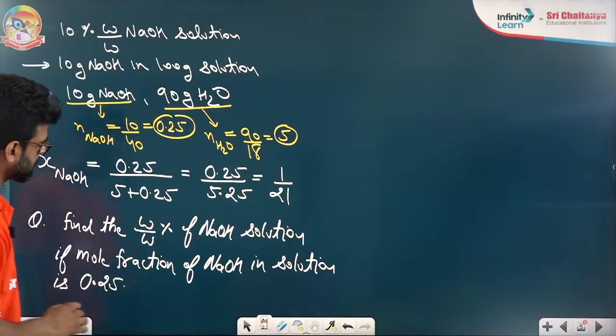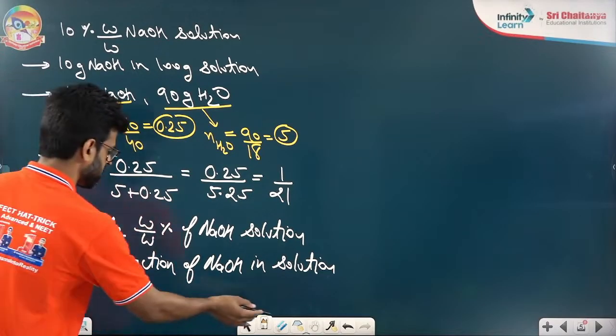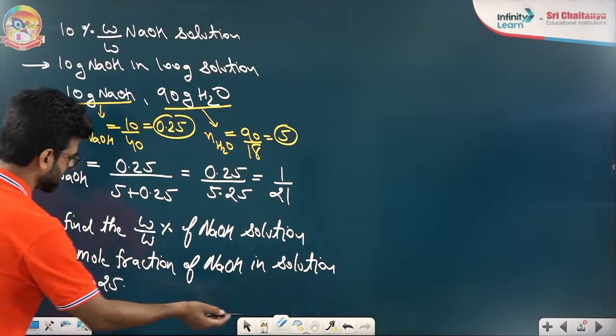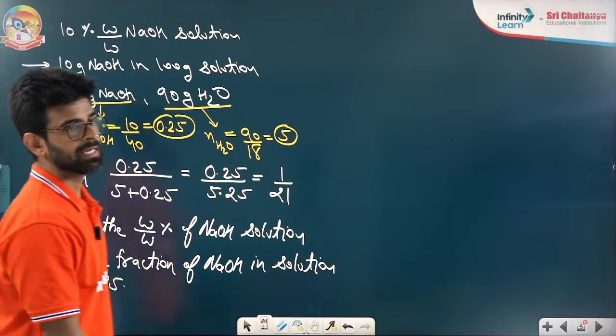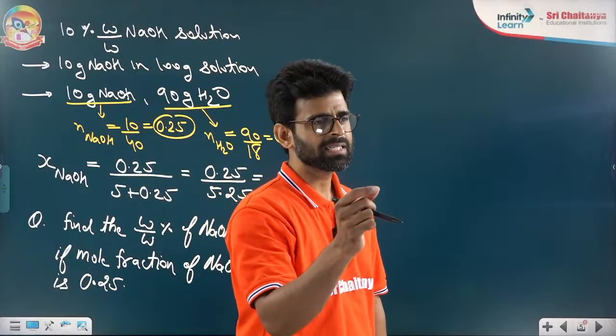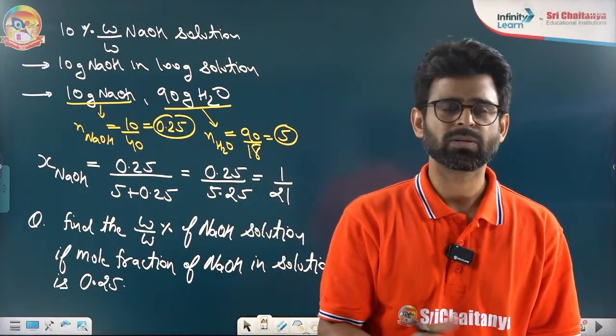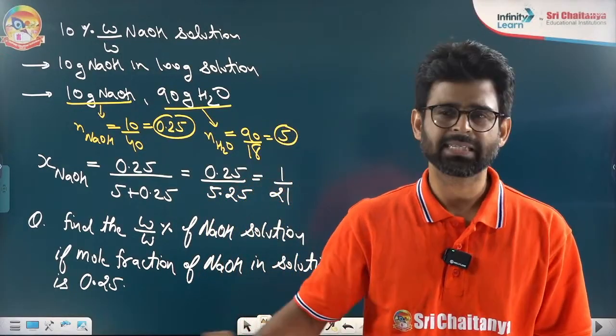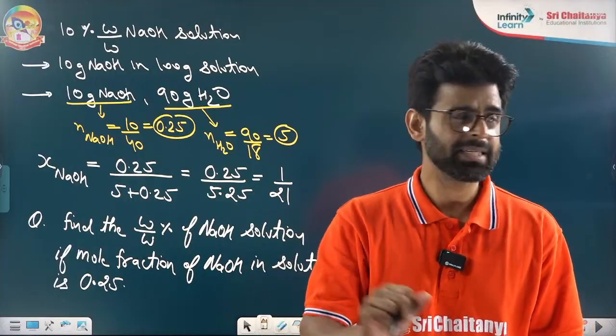Mole fraction is 0.25, or let me take a little simple. Okay, fine, you can take this one. Calculations can be lengthy, it's fine, not a big issue. Let us understand. It is a reverse question.